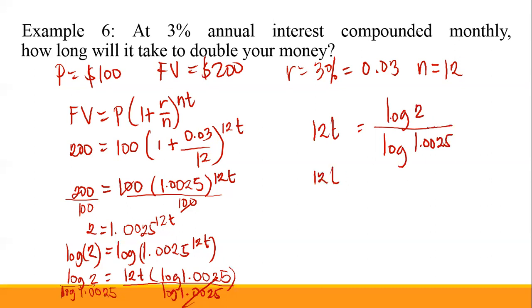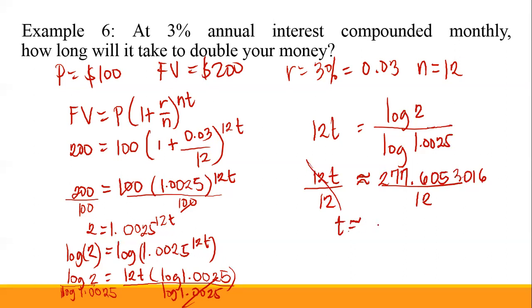So, what is the value of this one? So, pwede naman ganyan pa rin. So, 277.6053016. Okay, so divide both by 12. Ayan, para makuha natin yung value ng time. So, this is now almost equal or approximately equal to 23.1.